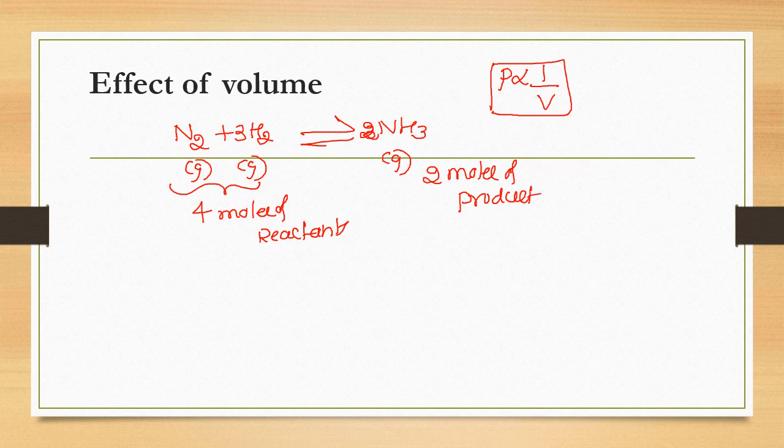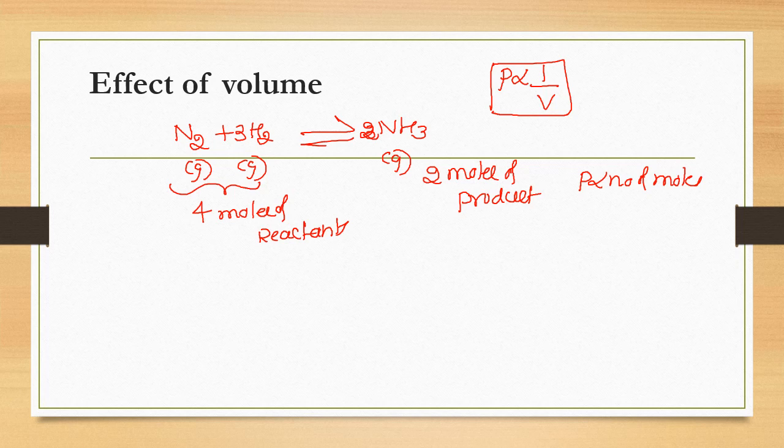Okay, so in effect of pressure, I told pressure is directly proportional to number of moles. So if you are increasing the pressure, the system tries to decrease it by favoring a reaction where there is less number of moles.